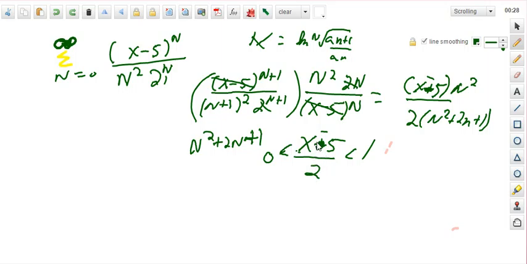If this is 5, then that would be 0, so 5 would be my smallest number. And if x is 7, that would be my other number. So that would be my interval. Okay.